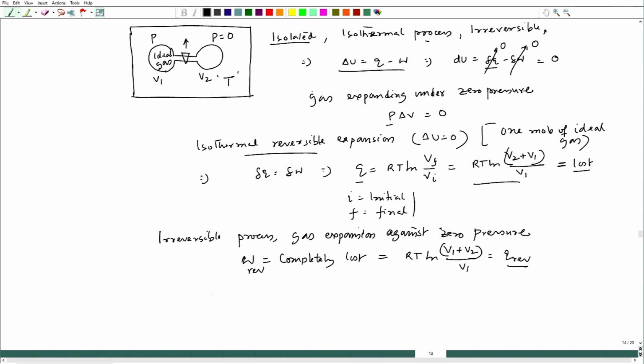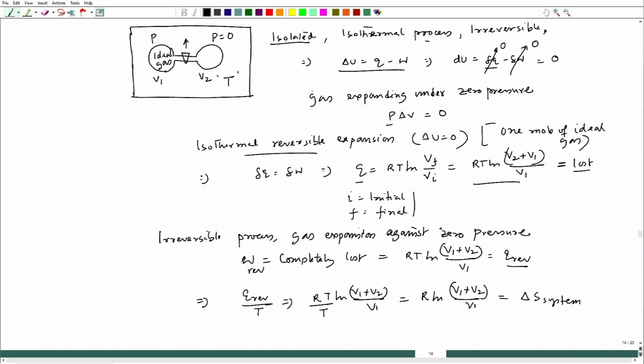Now, if I make a relation, Q reversible by T, which becomes RT ln V2 by V1 divided by T, equal to R ln V2 by V1. So, this quantity is nothing but del S of the system.